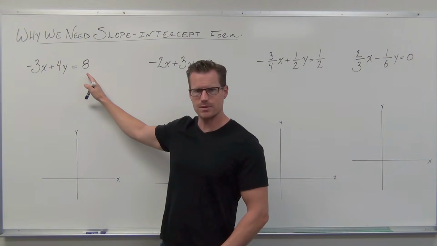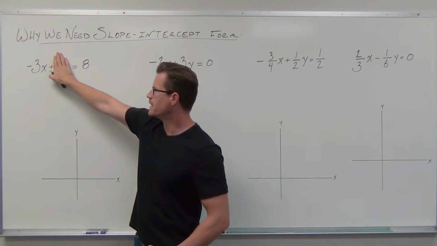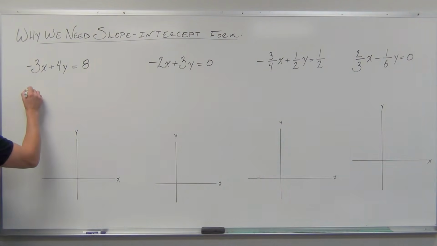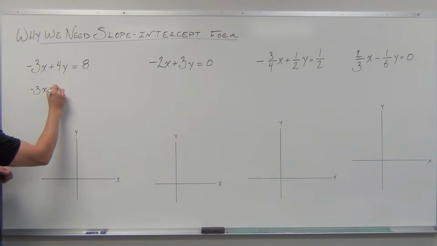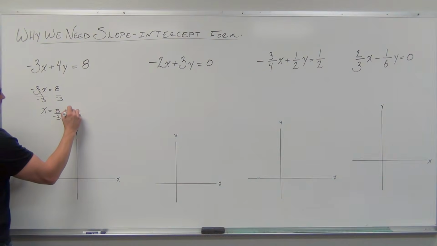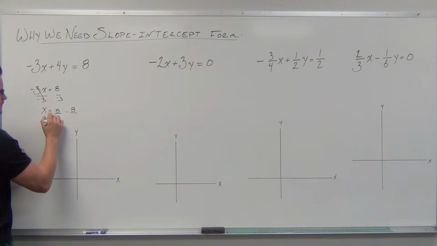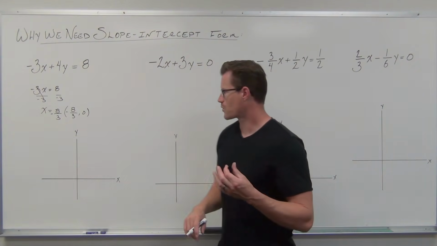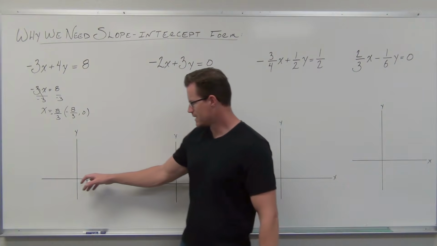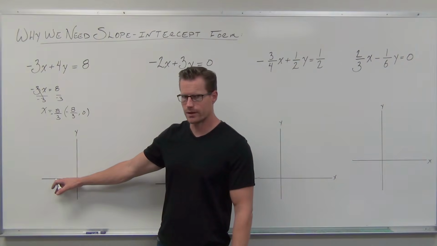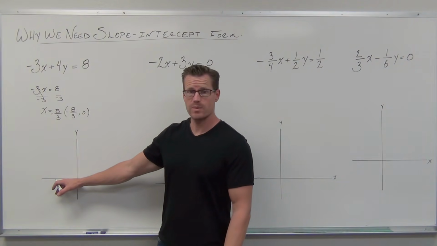But check out what happens if you start doing intercept method and you start getting negative 3x equals 8, you get a fairly nasty x-intercept right off the bat. That's negative 8/3, comma 0. Okay, awesome, I guess. The y would be pretty easy, it's 2.